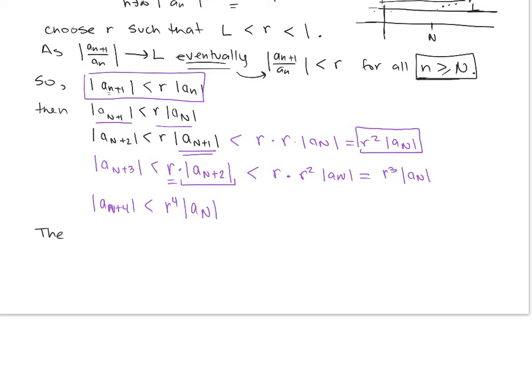So do you buy that the series sum from n equals 1 to infinity, absolute value of A sub N, R to the k converges? Yeah, because the R term keeps going down.